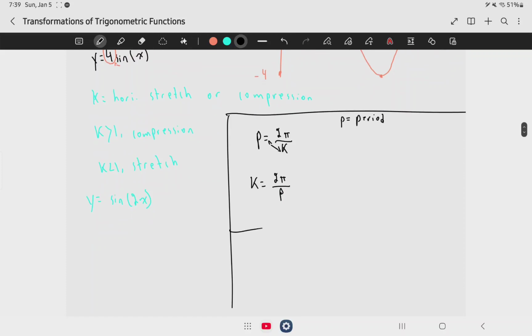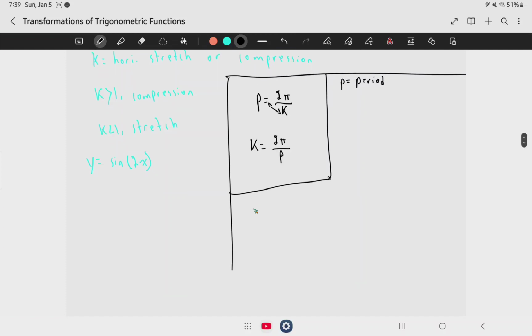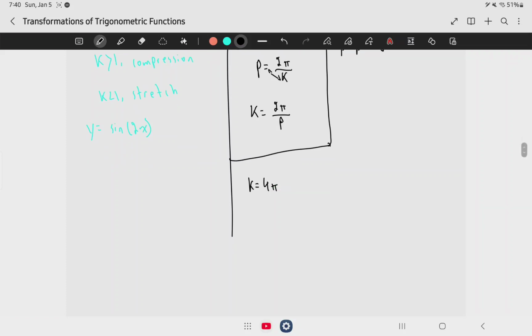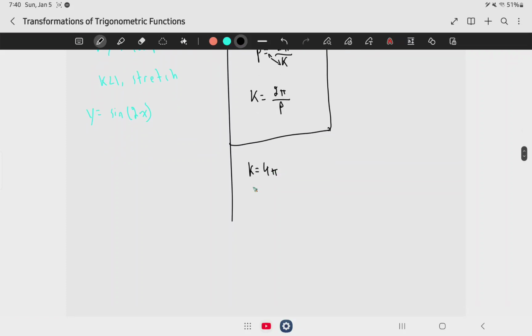And the way we would use this is if, let's say, a question asks to find the period of a function and you have the equation. So let's say they say k is equal to, as an example, 4 pi, and then you need to find the period. Well, you can use k is equal to 2 pi over period.